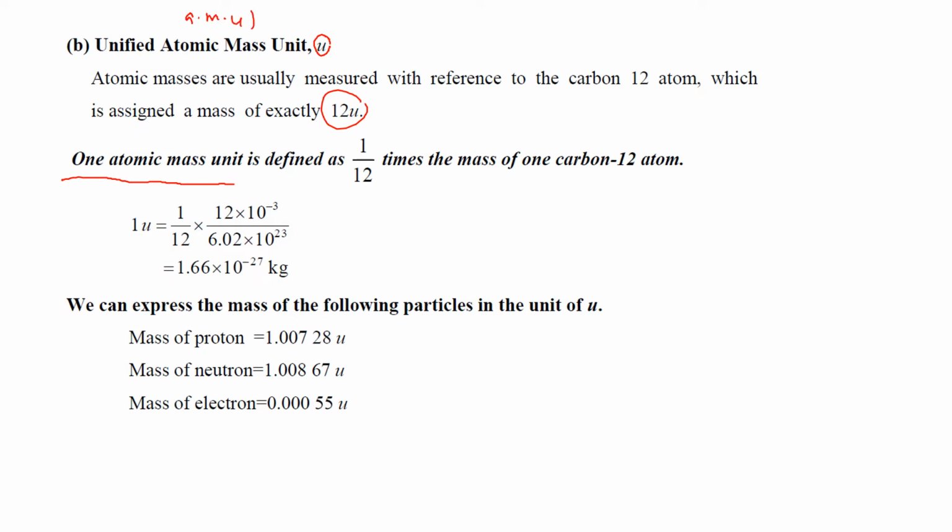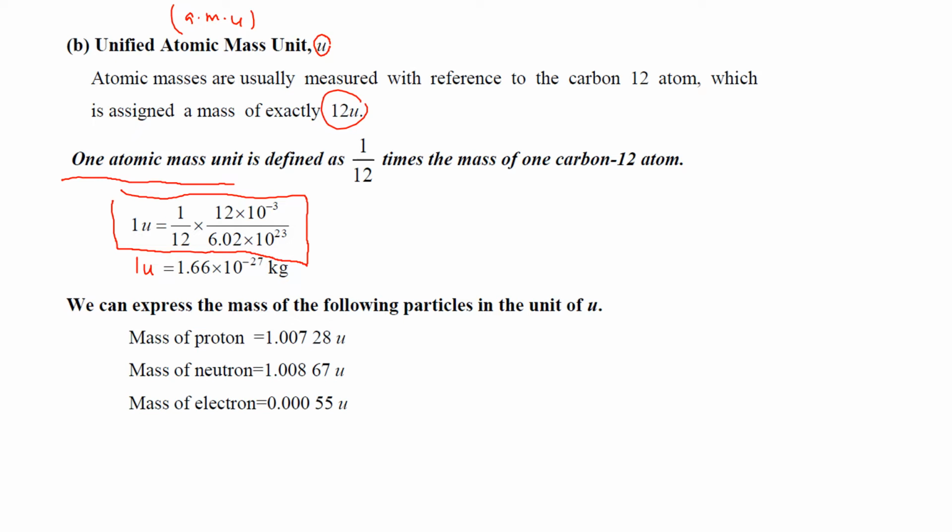AMU, if you can still remember this unit from your SPM level, is represented by U. So 1 U is equal to 1/12 of the mass of one carbon-12 atom. 1 U is equal to 1.66 times 10 to the power of negative 27 kilograms.